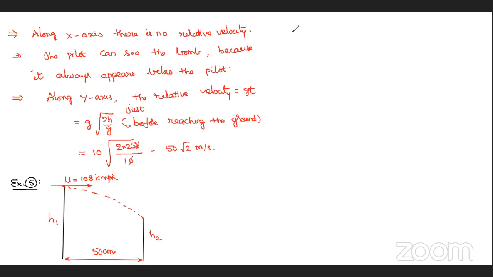The question is: h1 is the height of the first hill and h2 is the height of the second hill. Then h1 minus h2 is equal to how much?